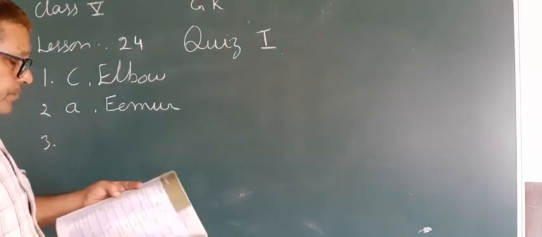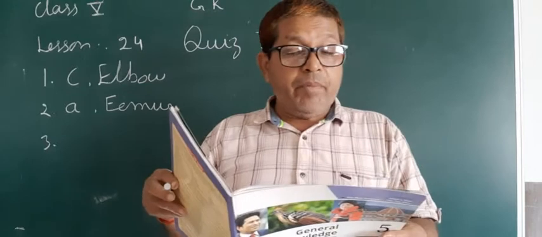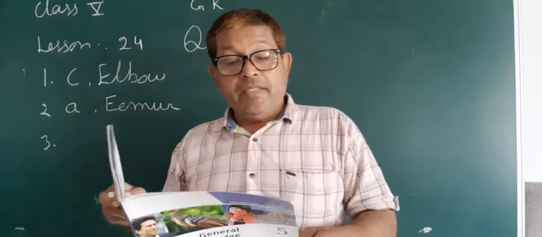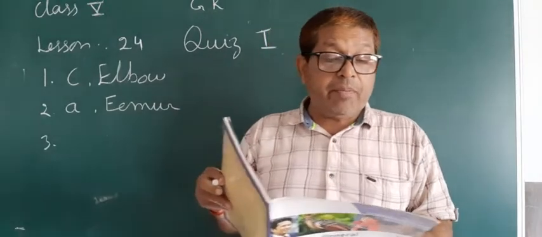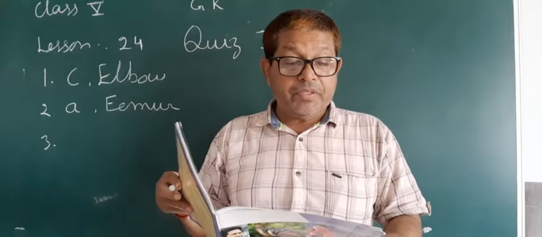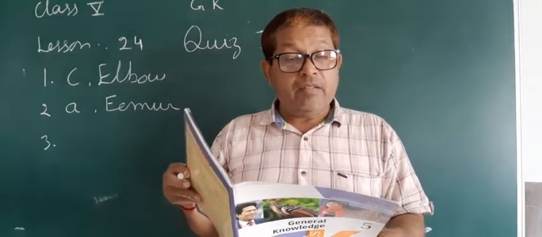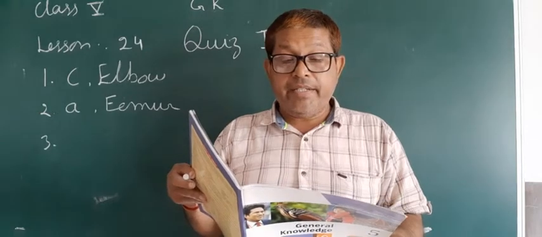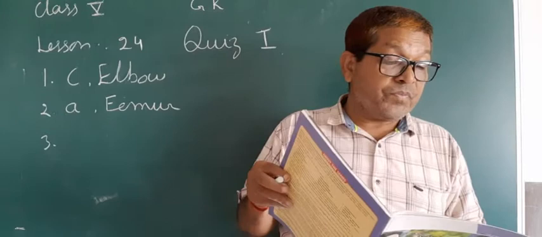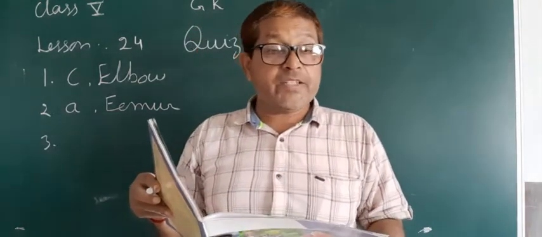Now third, muscles are made up of millions of cells called. Three options are given: fibers, femurs, and humerus. So femur is a bone, humerus is also a bone.